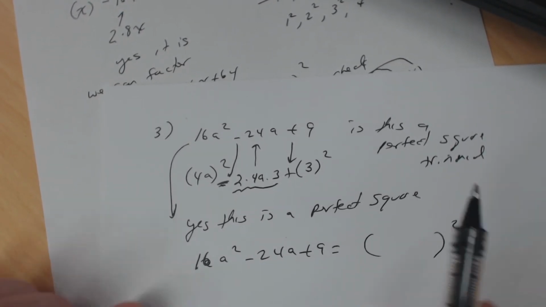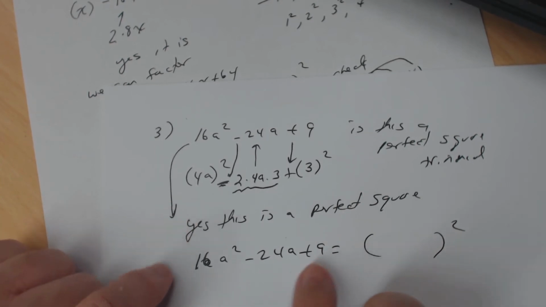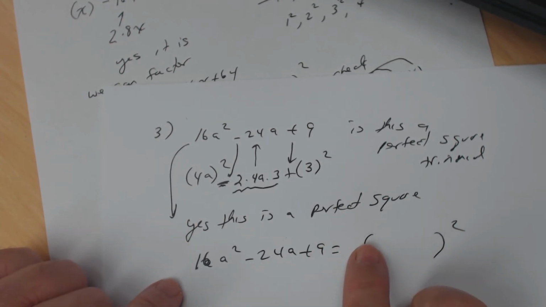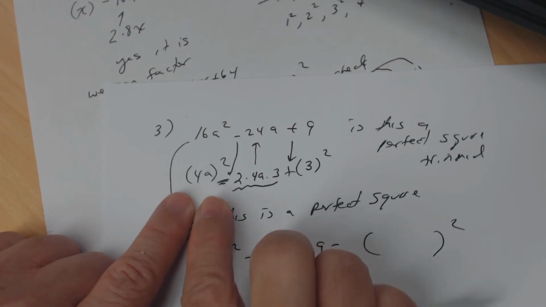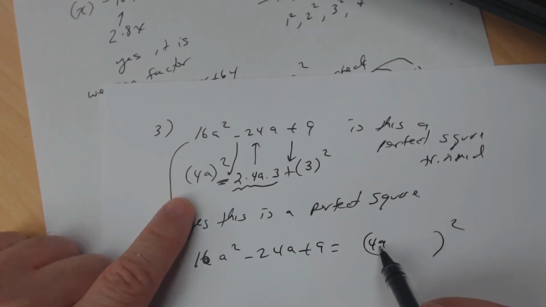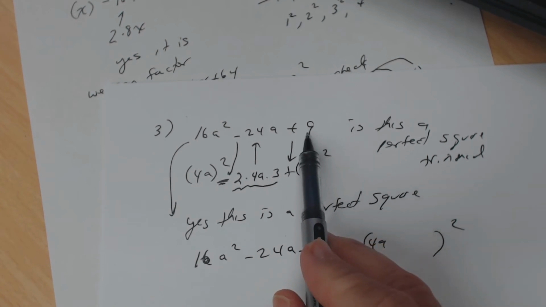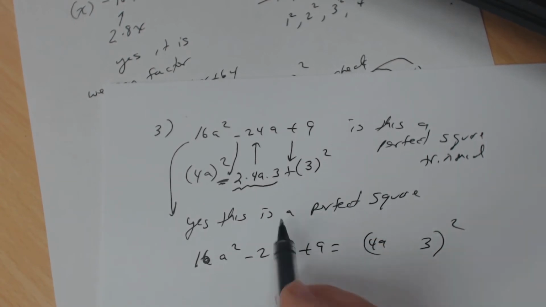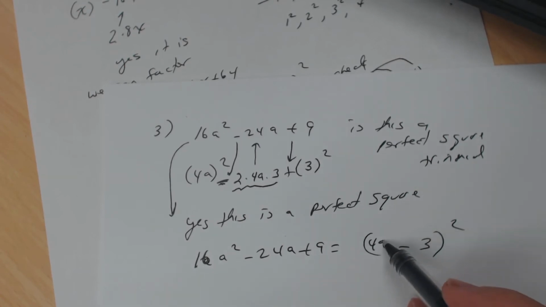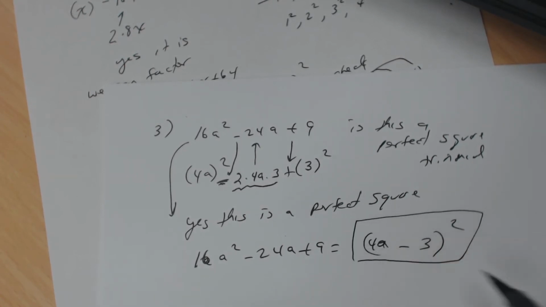Since that's subtraction, you can say a minus b. A is 4a, so 4a times 4a is 16a squared. For 9, I need 3, but it has to be a minus sign in the middle. So there's your answer: 4a minus 3 squared.